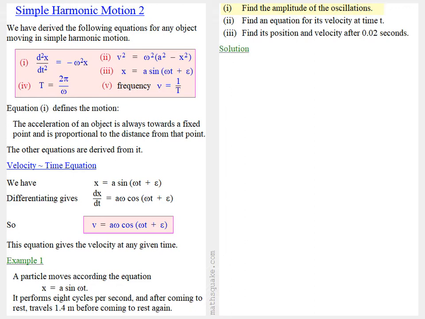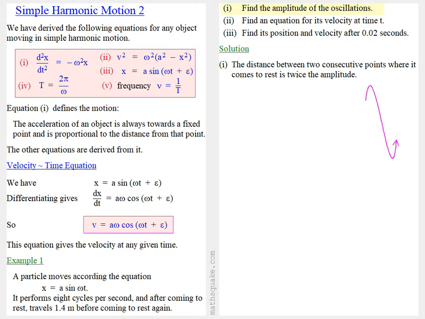Now the object comes to rest on either side of the equilibrium position. So the equilibrium position is equidistant from 2 consecutive rest points. So the distance between 2 consecutive rest points is twice the amplitude. We can see this in a diagram.